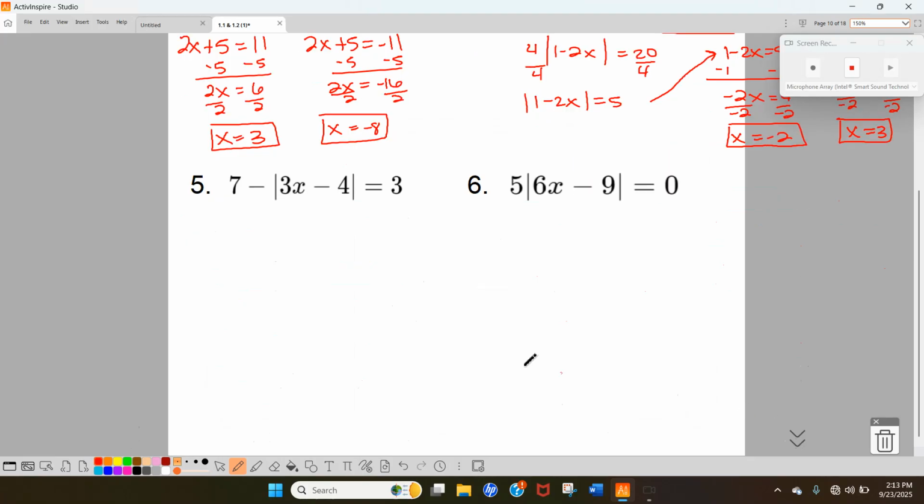All right, so for number 5, we're going to subtract 7. Get negative 4. And then this negative comes down, and it's like an understood negative 1, so we can divide by negative 1.